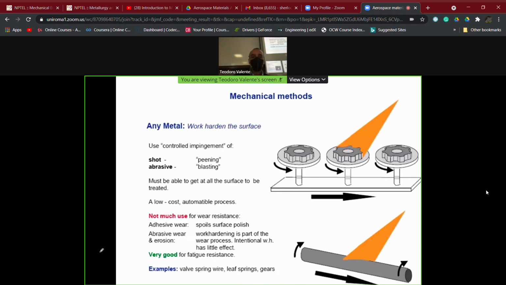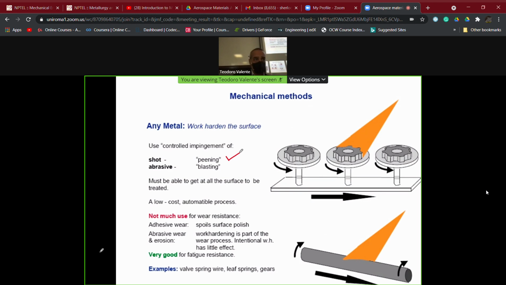We mentioned mechanical methods. Mechanical methods, for example, are peening and blasting. In this case, we use a controlled impingement of shot or abrasive in order to modify the surface. These techniques, for example the so-called shot peening, are very important for bulk metallic materials.